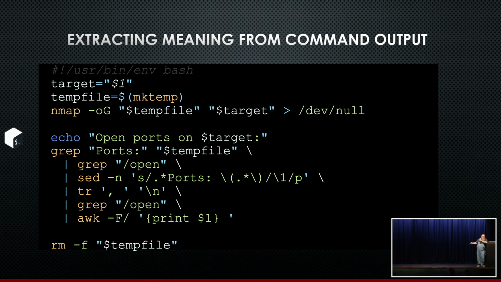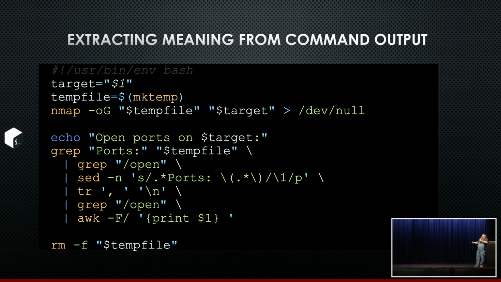Next thing, we need to make a temporary file. A lot of people would just call it temp1, temp2, something like that. The best way to do this is to call the command mktemp. There are other parameters you can give for that, but by default that's going to make a random file, I believe in /tmp/something based on what version it is, and I'm going to store that file name as tempfile.